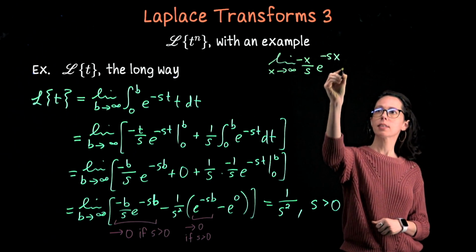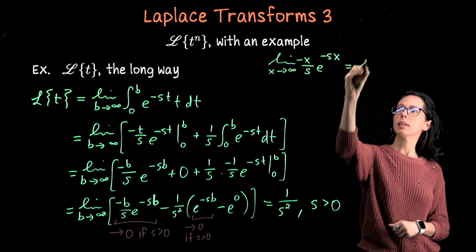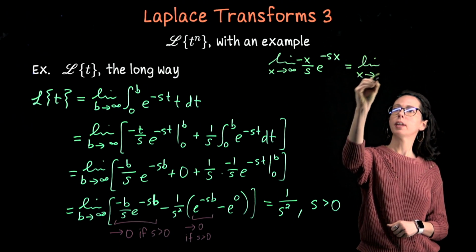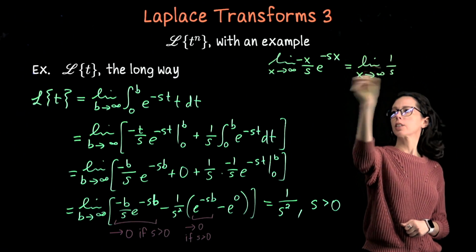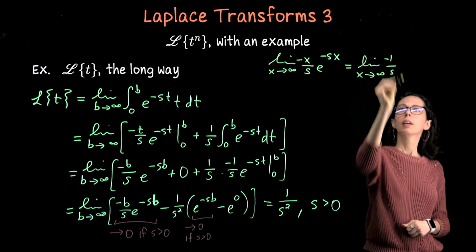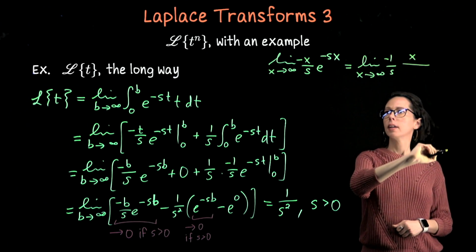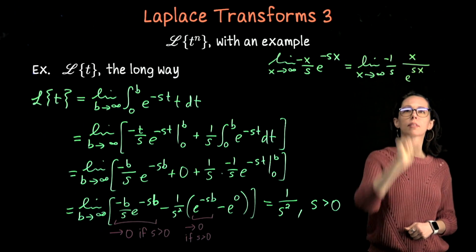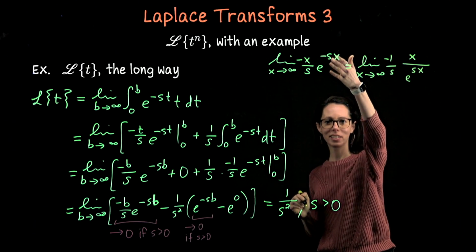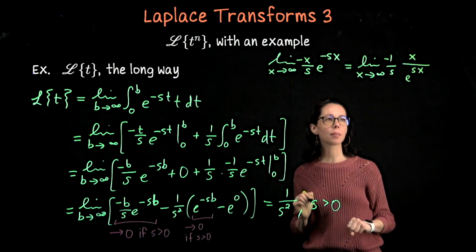I'm going to rearrange this as the limit as x goes to infinity of negative 1 over s, that's a number, times x over e to the sx. Because that negative exponent there can flip down to a denominator.